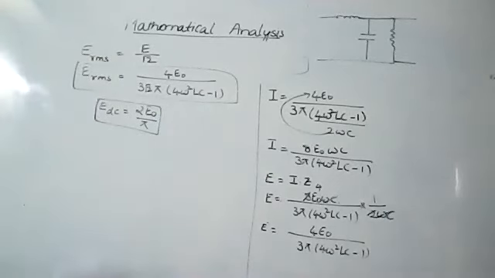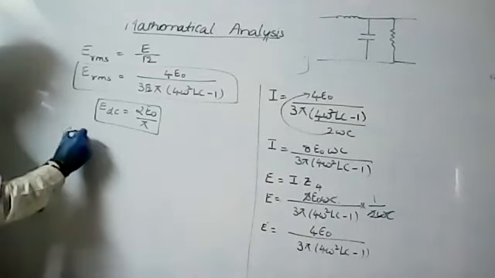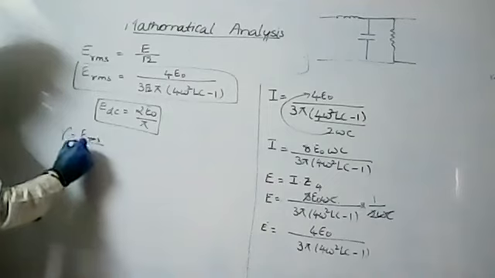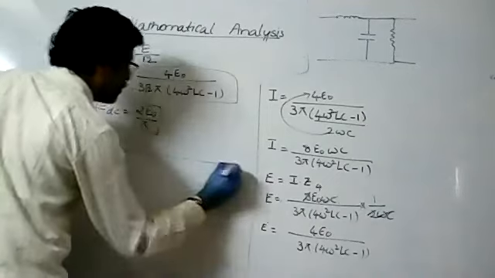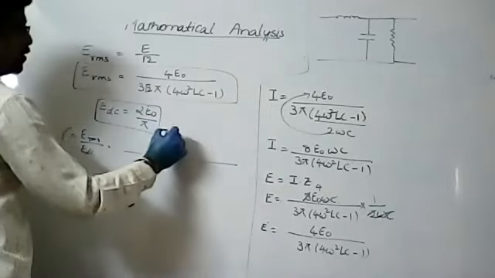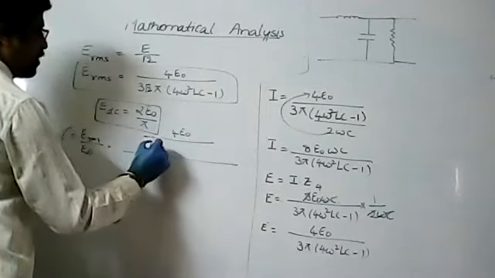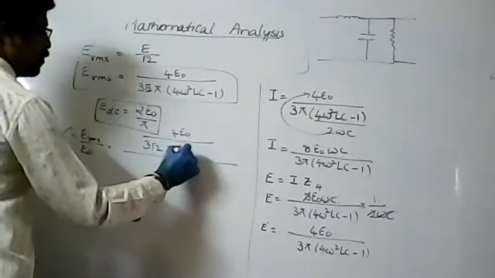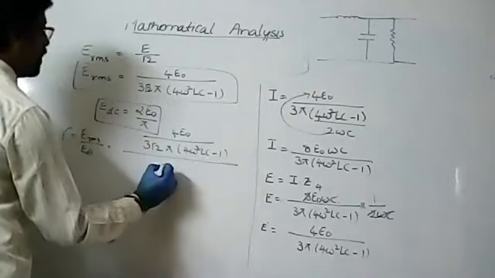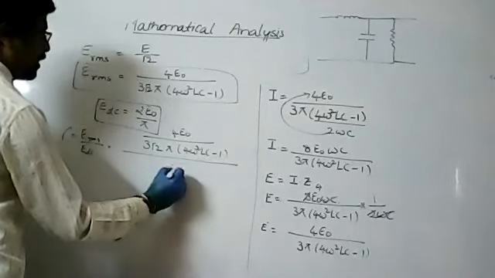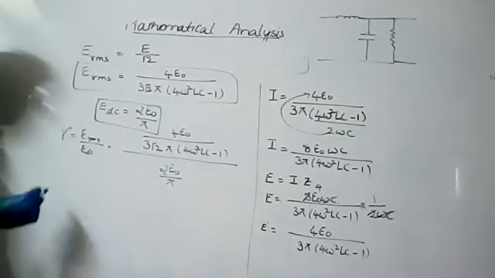Now ripple factor. So ERMS by EDC. What is ERMS? 4 E naught by 3 root 2 pi into 4 omega square LC minus 1, divided by 2 E naught by pi.